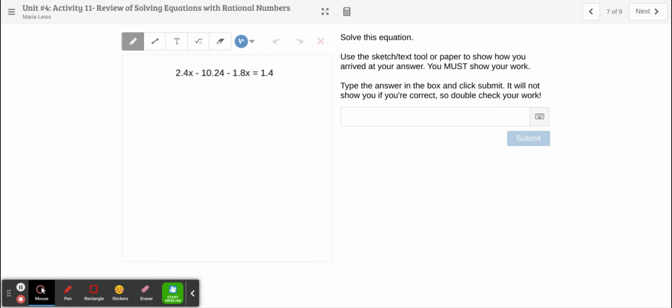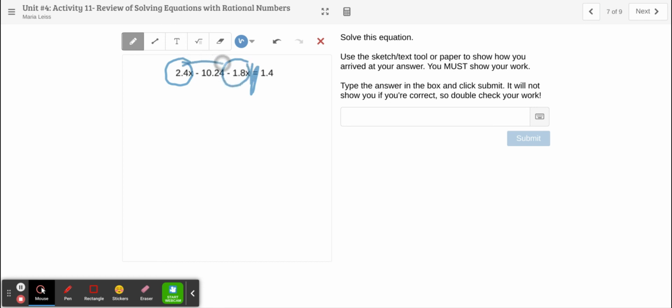Question 7, don't forget, where's the equal sign? Equal sign's right here. So we've got everything on one side. What can I smush together? Well, hopefully you're recognizing I can smush this 2.4x. What else am I going to smush it with? Yep, I'm going to smush it with this 1.8, except circle the number in front of the sign in front of the 1.8.